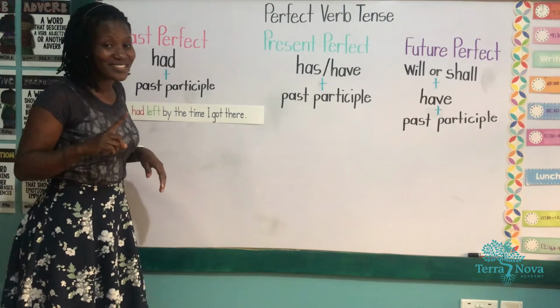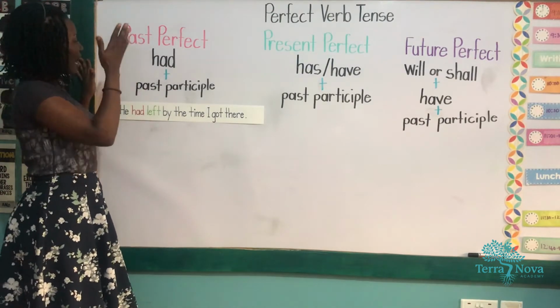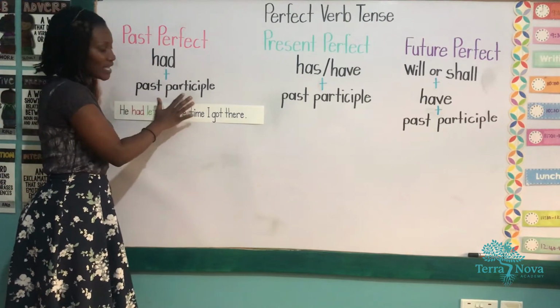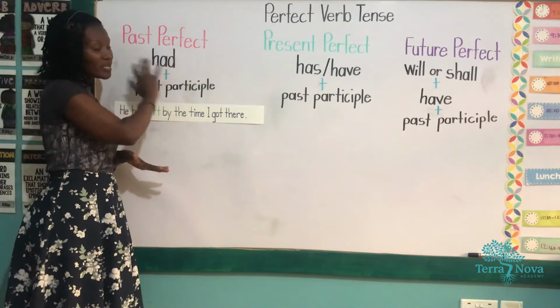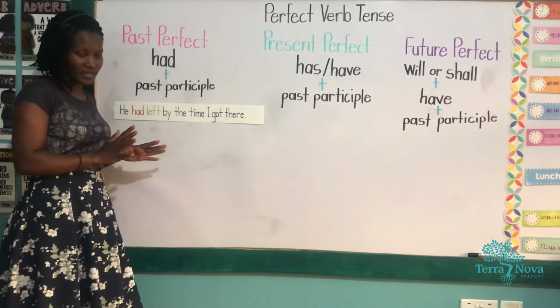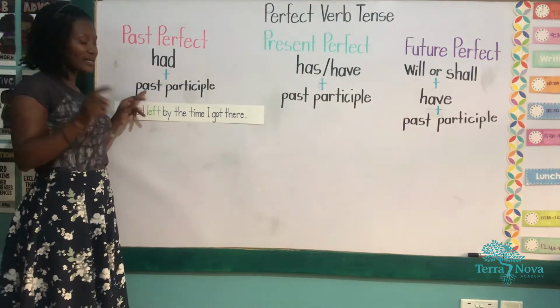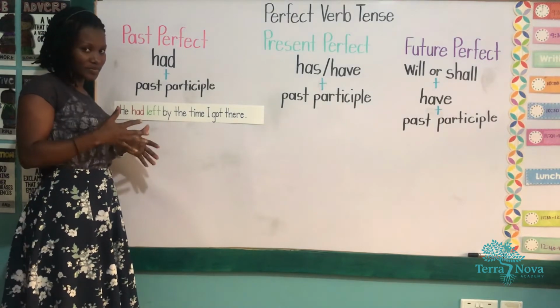It is not math, it is still English. We have a formula, had plus a past participle. Had is a word that is a must use when we are working with past perfect. Don't forget that. Then remember, I said that our past participles come from verbs.